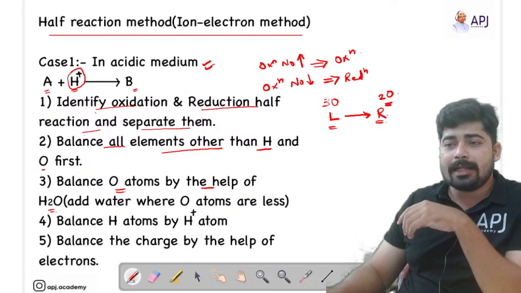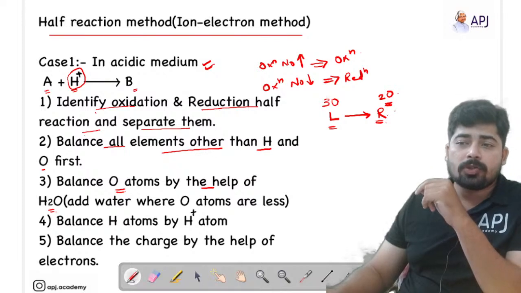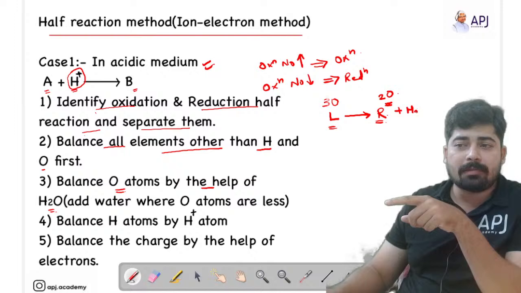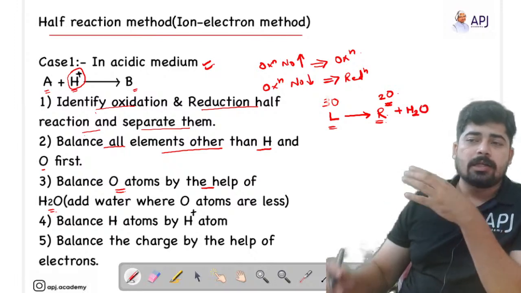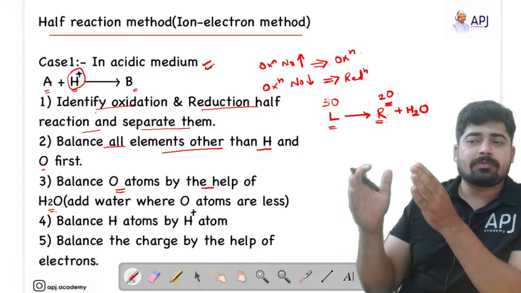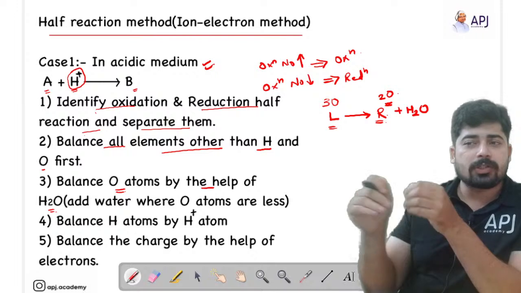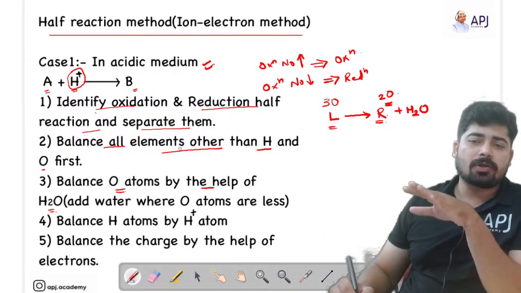That means in RHS there are only 2 oxygen atoms, so I have to add 1 oxygen atom in order to balance. So I have to add 1 molecule of water. I hope this is clear. So wherever the oxygen atoms are fewer, you add the corresponding number of water molecules in order to balance the oxygen atoms. So now we have balanced the oxygen atoms.